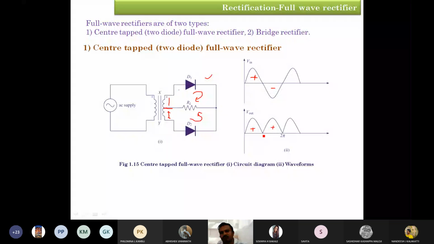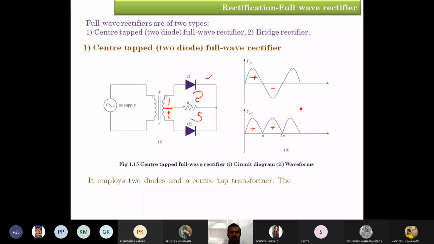The circuit employs two diodes and a center tap transformer. The AC signal to be rectified is applied to the primary of the transformer, and the output is taken across the load RL.